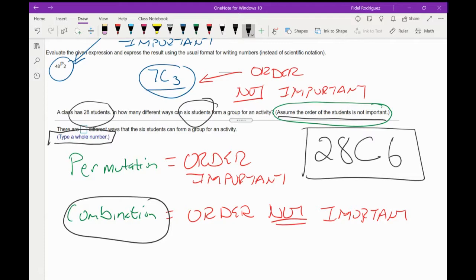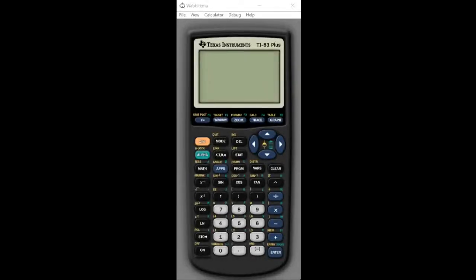Okay. So guys, again, let me show you how I'm going to do this both on my calculator and on my calculator app. Regardless of which one I'm using, whether that calculator or that calculator app, I'm going to do it exactly the same way. Let me turn this thing on. Let me clear this. I'm going to go 28. Okay. Then I'm going to pick math.